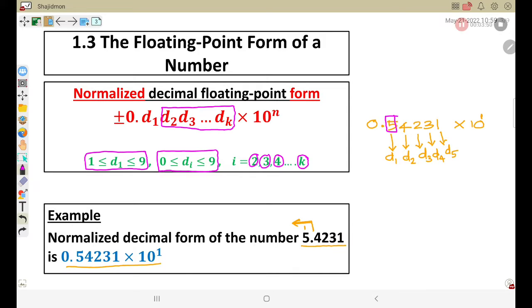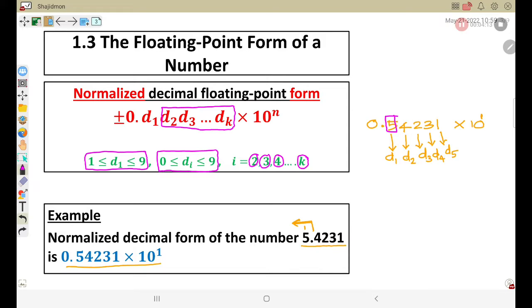If you write a number in this format, we call it the normalized decimal floating point form of the number, or simply the normalized form. Sometimes the number is positive, sometimes negative. It should start with 0 point, the first digit should not be 0, and all other digits can be any number.